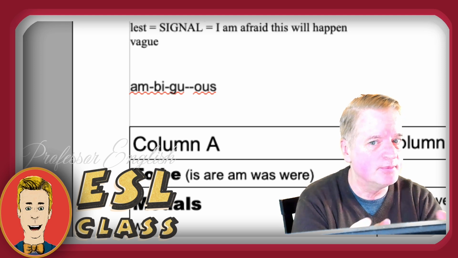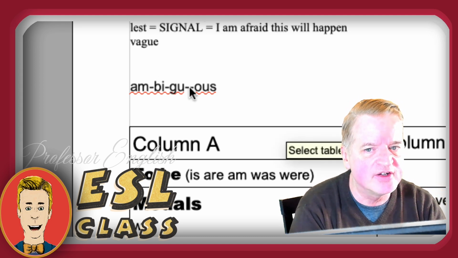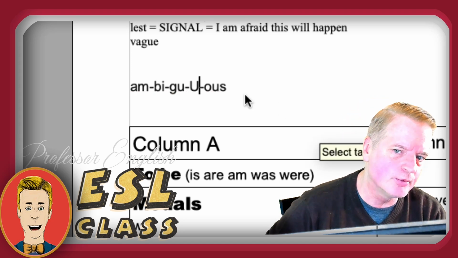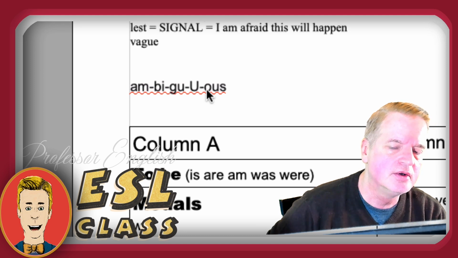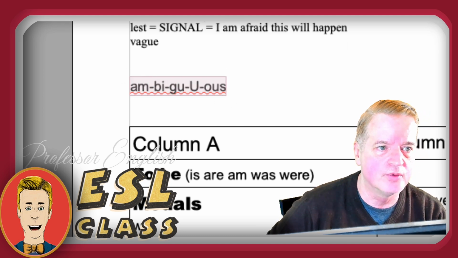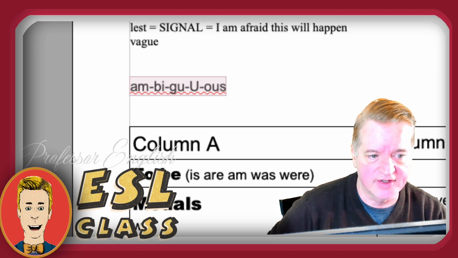In this case, because the final sound is oo, gu, we have to put an extra oo here to separate these two syllables. Do you understand, Mohammed, the reason why you have to make an extra sound? Yes. Okay, you have to connect them.